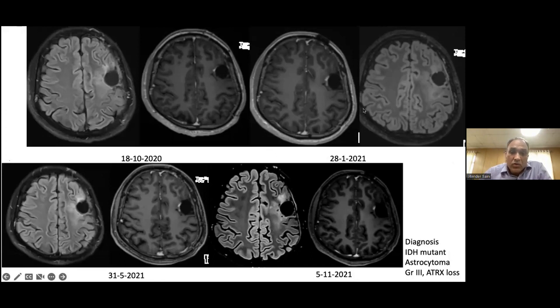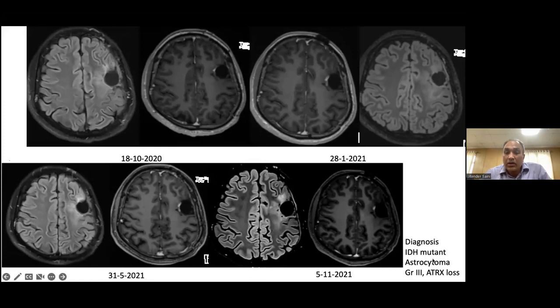So this patient has shown an excellent response to chemoradiotherapy, and the lesion has been there for some time. So it indicates that it is probably a tumor which has very favorable radiogenomic, genomic and histomolecular features. So again, this was an astrocytoma, IDH mutant type.